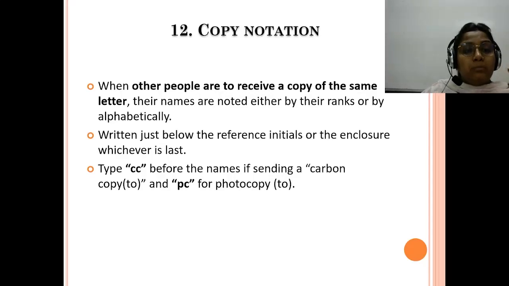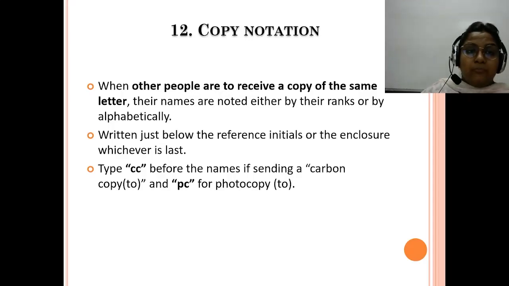When other people are to receive a copy of the same letter, their names are noted either by their ranks or by alphabet, written just below the reference initials or the enclosure, whichever is last.